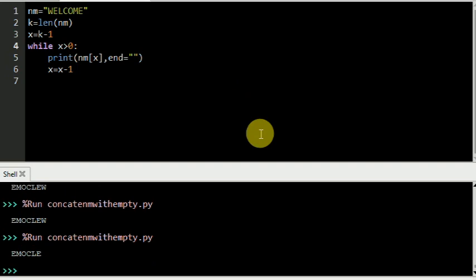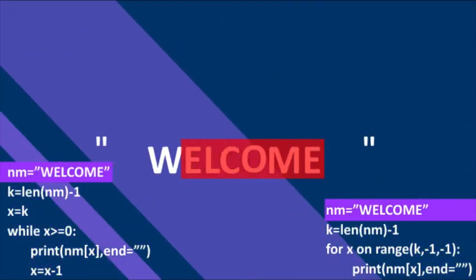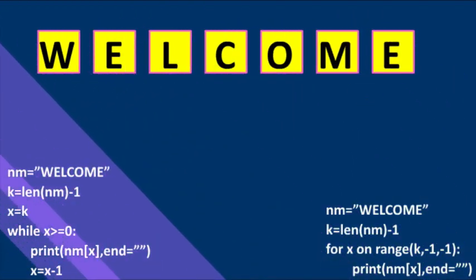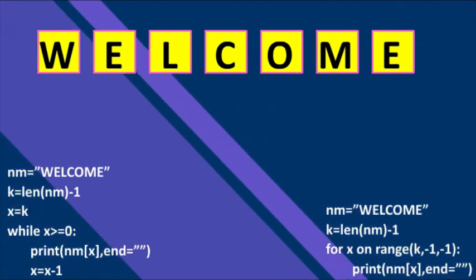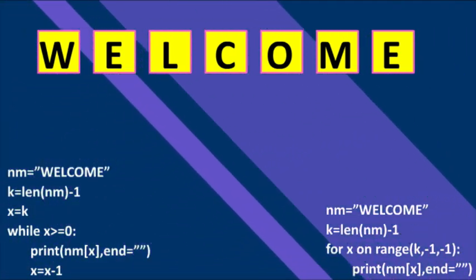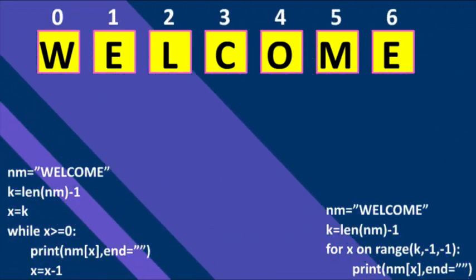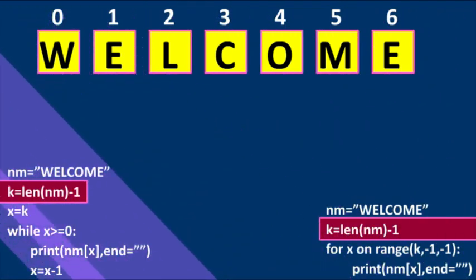This is the way the while loop works. Nm equals welcome. Welcome is a string. Now we place all the characters in the string into separate blocks to understand the concept easily, and each character inside a block can be accessed with the help of an index value. Next line is k equals len of nm minus 1.